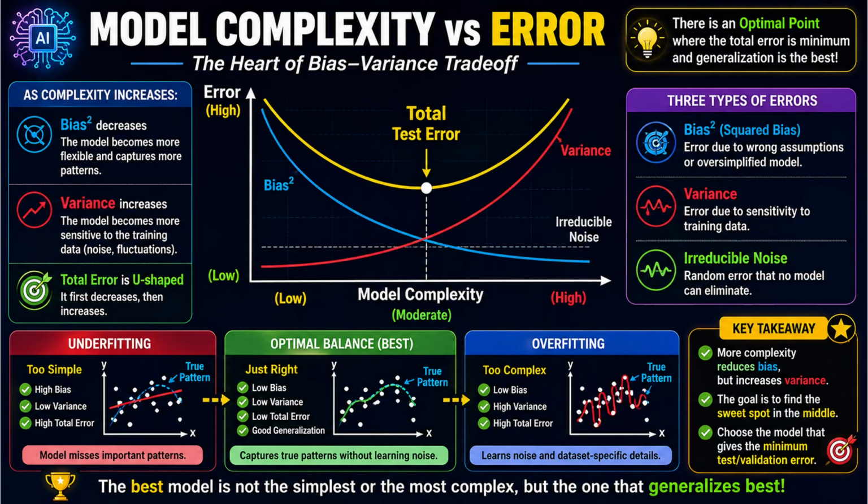Okay. So there is an optimal point. That is what we have to find. More complexity reduces bias but increases variance. The goal is to find the sweet spot, which we have already discussed. Only thing is we are talking about bias squared here. So choose the model that gives the minimum validation error.